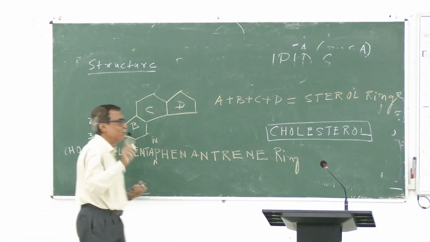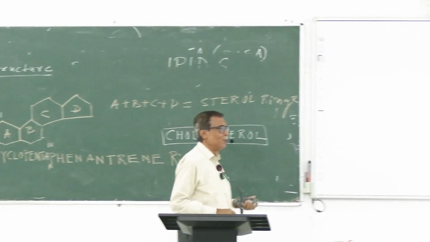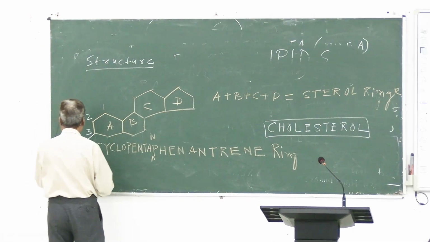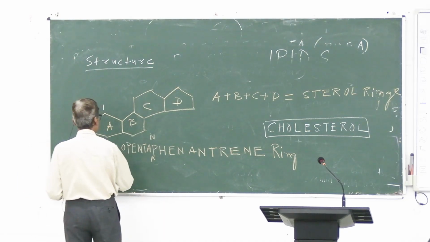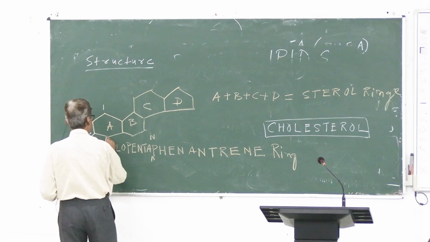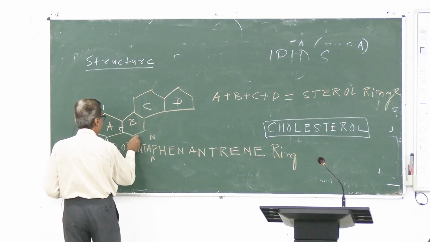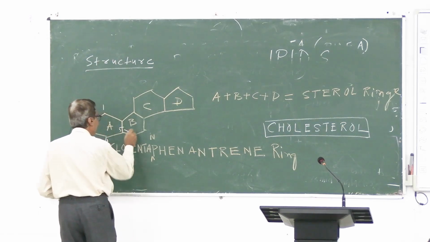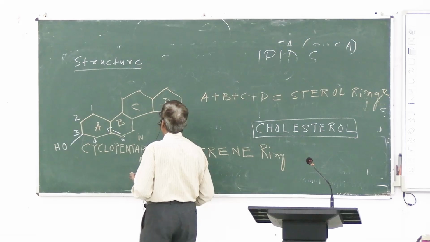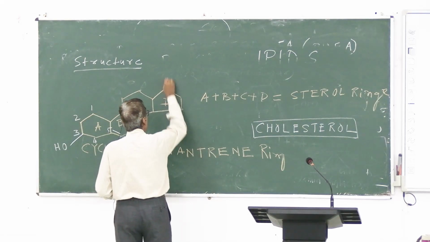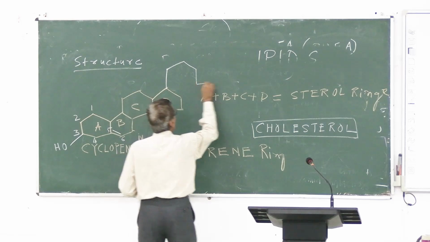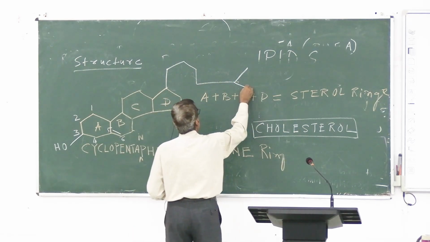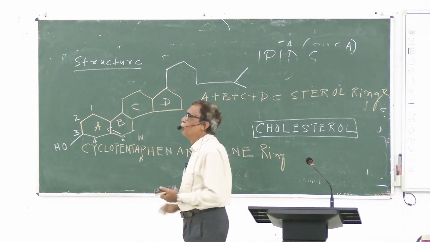Only one hydroxyl group in the cholesterol. Three, this is 4, this is 5, this is 6. In 5 and 6 there is a double bond. This is the structure of the cholesterol.